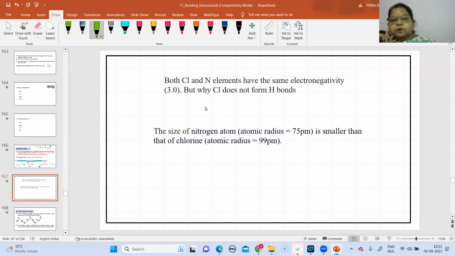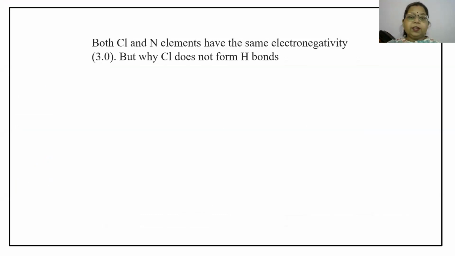Let's move on. The question is, I have given you, to me again an important question. Chlorine and nitrogen, recall that electronegativity. The list of atoms which are going to form hydrogen bond is oxygen, nitrogen, and fluorine. They are highly electronegative elements, right? If you remember when we were doing chemical bonding and periodic classification of elements, I told you that fluorine electronegativity was 4 on Pauling's scale.